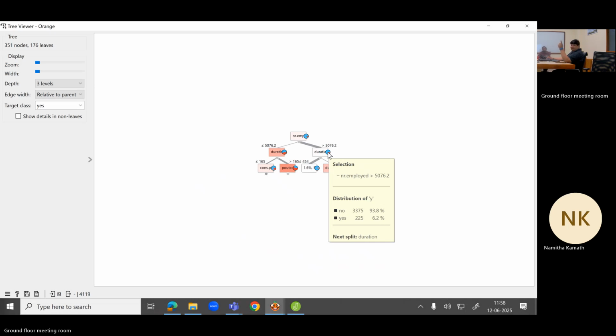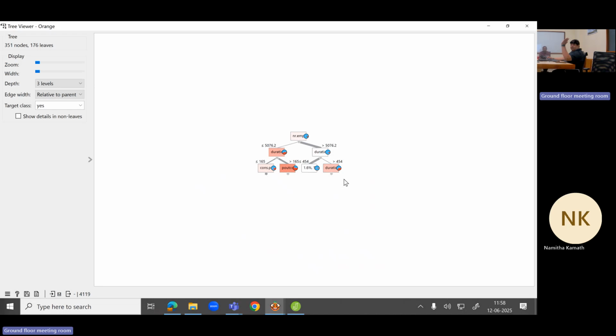In that, those who are greater than 5076.2, now it has decided to put it in that way. And then it takes another split.